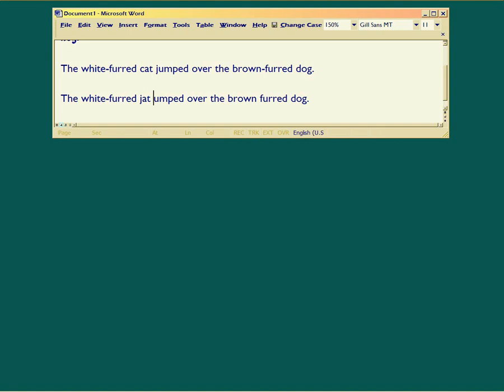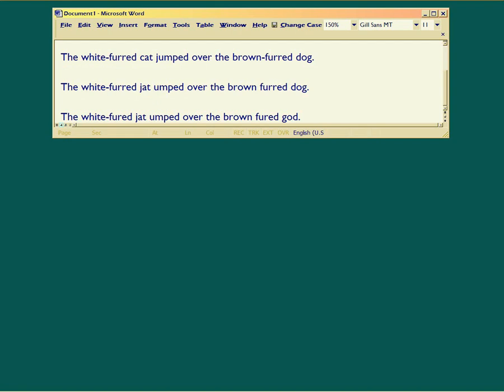So the third guy seeing the copy could have and should have known not to reprint jat, to put the J over here. All right, but let's say he was tired too. In fact, he was so tired that he forgot one of the R's in furred.